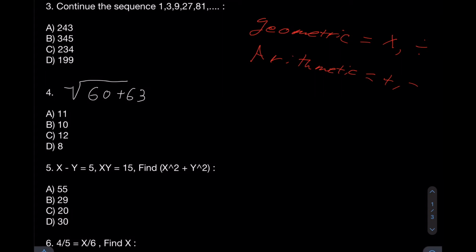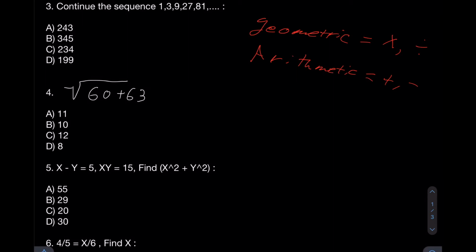So in this case, we have here 3, and then it's 9, and this 27 and 81. So it's not arithmetic. And how do I already know that? It's because if you notice, these are all powers of 3. 9 divided by 3 is 3, 27 divided by 9 is 3, 81 divided by 27, and such and such.